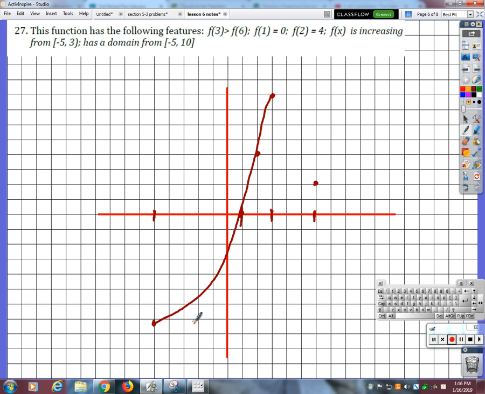And then it goes all the way to 10. So 6, 7, 8, 9, 10. So maybe something wacky that looks like that. So from negative 5 to 3. Make sense? Okay.